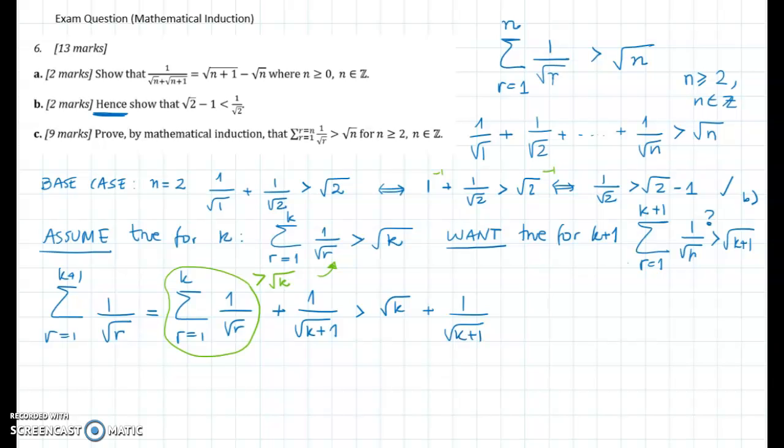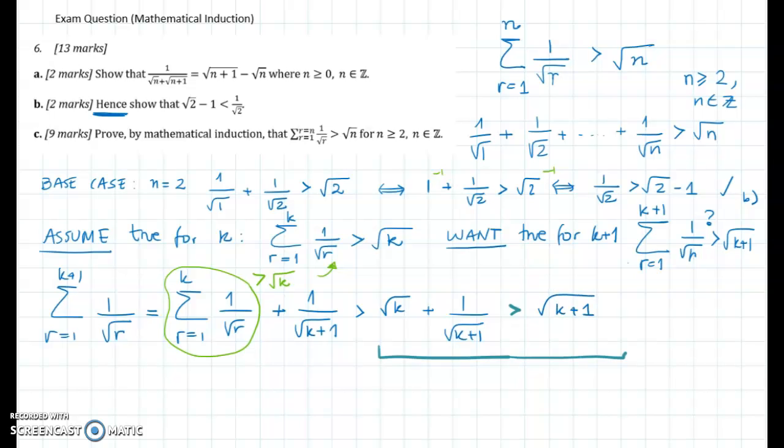So what we want to prove, or it is enough for us to prove, is that square root of k plus 1 over square root of k plus 1 is greater than square root of k plus 1.